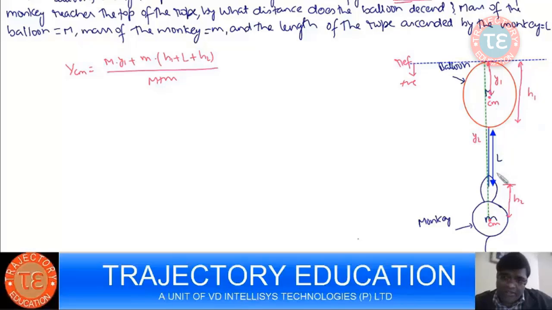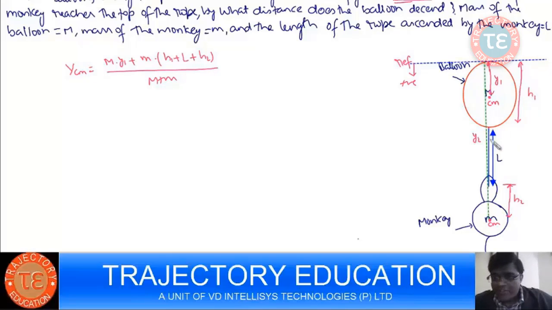Now when the monkey is ascending, h2 is the distance between the center of mass of the monkey and the end of the rope which the monkey is holding. When the monkey is climbing up, the balloon must descend in order to keep YCM the same.